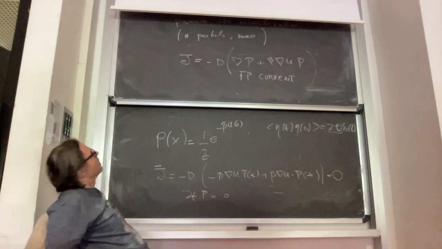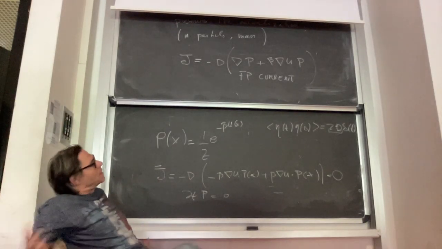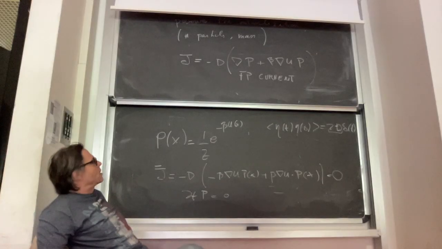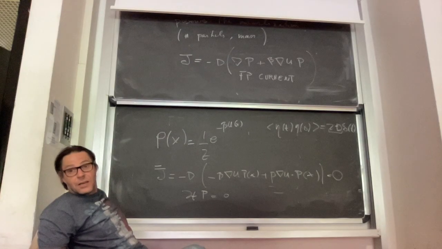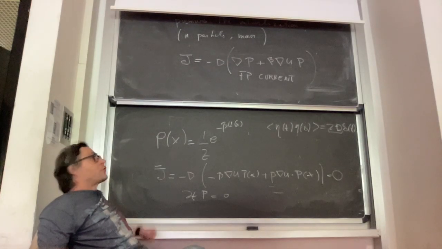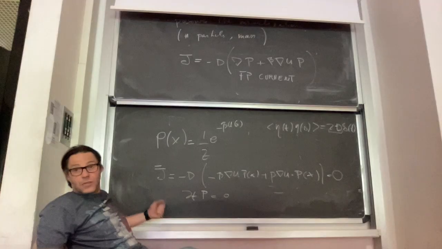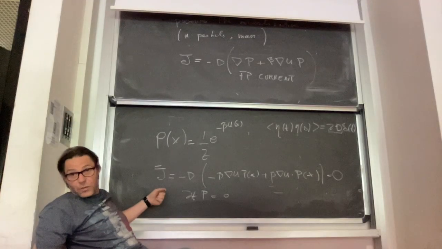So yes, the Fokker-Planck equation defines a stochastic process that has all the nice properties that we want. It comes from the Langevin equation. It has a solution in terms of path integrals. The solution in terms of path integrals offers complementary information with respect to the direct integration of the equation of motion.